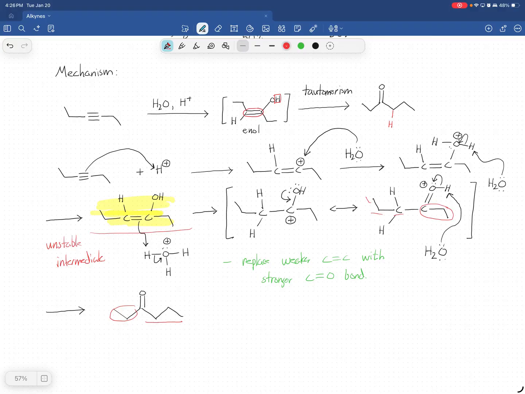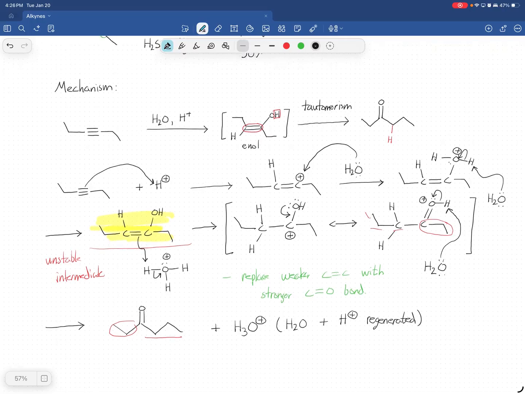And then the other products, let's draw them here. You have H3O plus from the acid step, from the last step with water. And then water is regenerated to continue the reaction, and H plus is also regenerated. So these two species are regenerated to continue the reaction going forward.